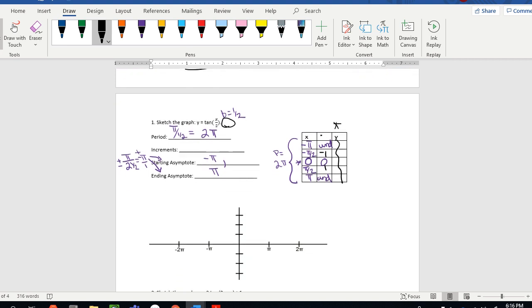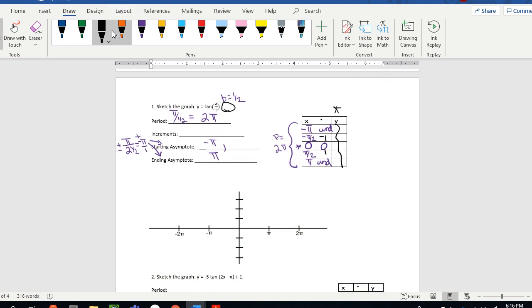Wait a minute, we didn't do our increments. The increments, in case you didn't notice before, I'll color code this, it's always the distance between any two of these. Well, the distance between negative pi and negative pi over 2 is pi over 2. If you don't like that one, you could have chosen this one between 0 and positive pi over 2.